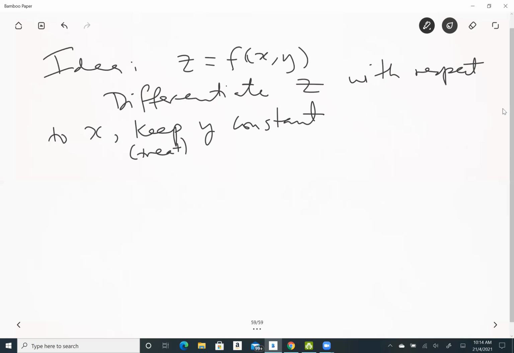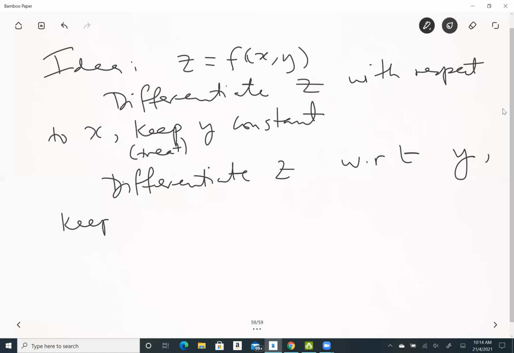Now, you have two independent variables. I can also differentiate z with respect to, using the short form WRT, with respect to y. So what do we do to the other independent variable? We keep x constant.